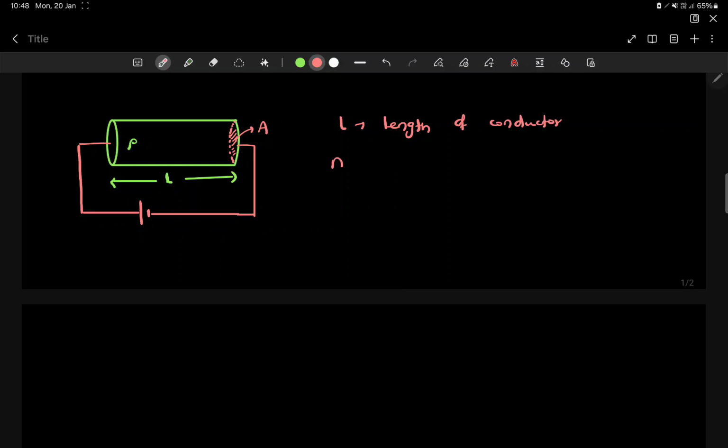Capital A is the area of cross section of the conductor. And finally, the velocity with which all the electrons start to drift is called drift velocity. Vd is our drift velocity of electrons.